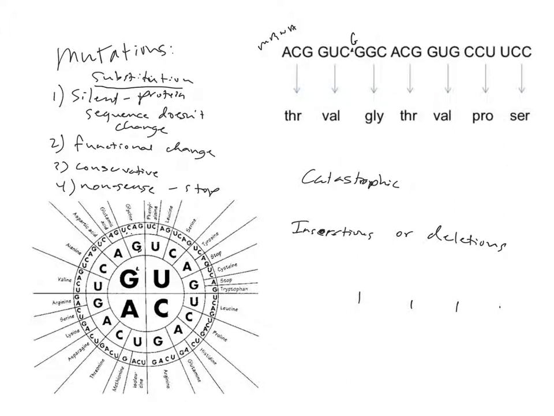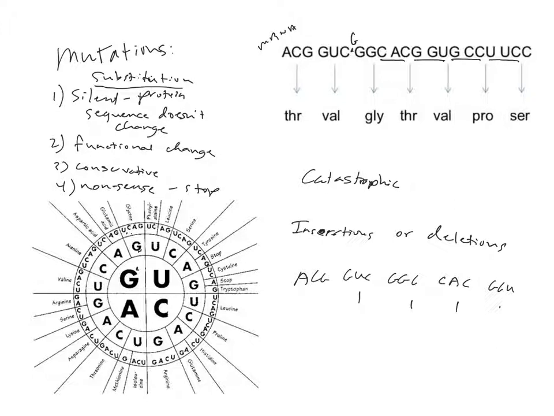So now we have our ACG, we have our GUC, we now have GGG is the next three. From there we have CAC, GGU, and so forth. And so you can see how the reading frame from here on out starts to change because, again, we're reading in different groups of three.